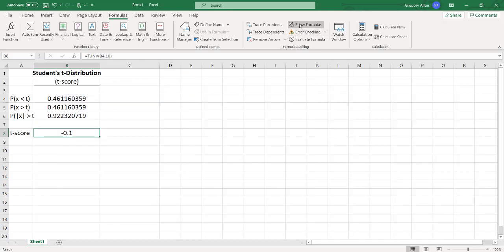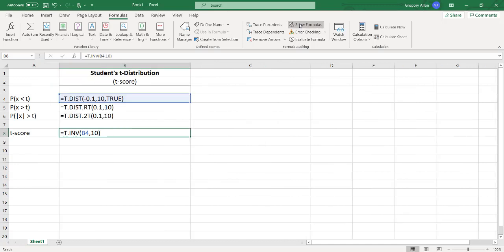Hopefully, yes. And there you go. It worked. It is doing what we expected it to do. So just to be clear, that gave me the t-score that had an area below that value equal to that value that was up in cell B4.